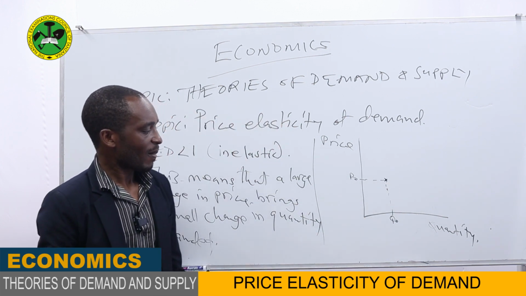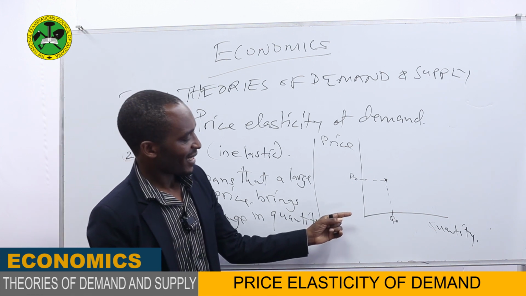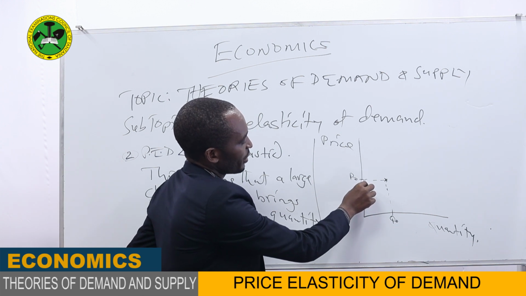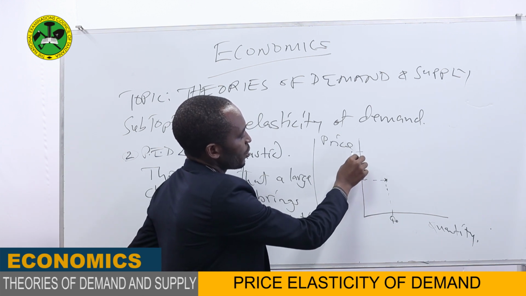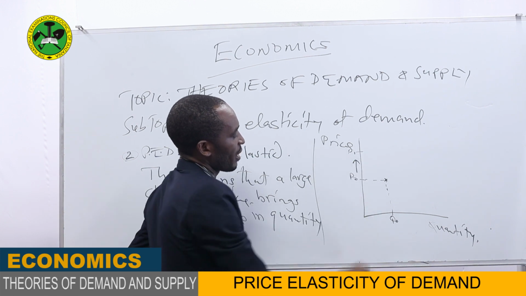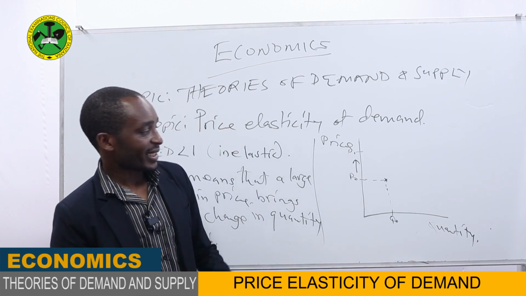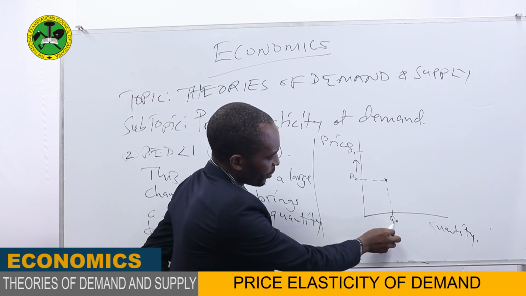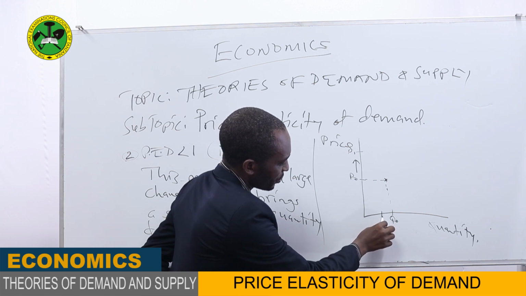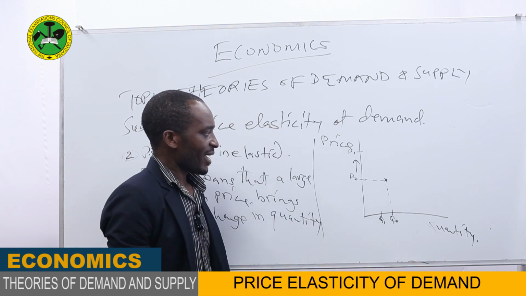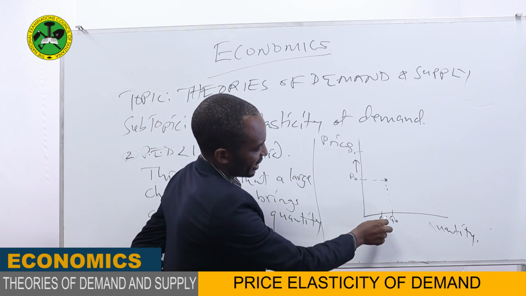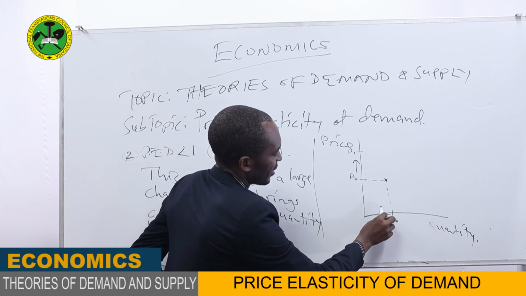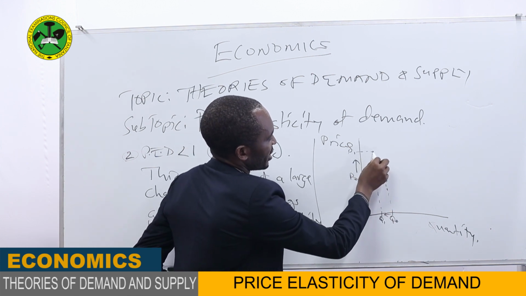Now assume the price increases by a large percent from, let's say, P naught to P1. As I always say, if price increases, demand will fall. Now the demand falls from Q naught, let's say, to Q1. Demand falls by a small percent or small proportion. So the point will intersect here.